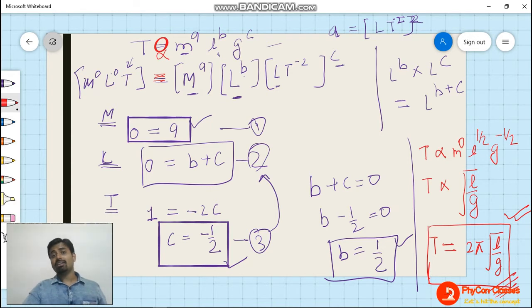That means the time period of oscillation for a simple pendulum is independent of mass. It is only depending on length and acceleration due to gravity, where acceleration due to gravity is taken as constant on the surface of Earth. And we can say that the time period is only depending on length. If you increase the length, the time period is going to increase. Just see the relation here, T and L, they are directly proportional, right?